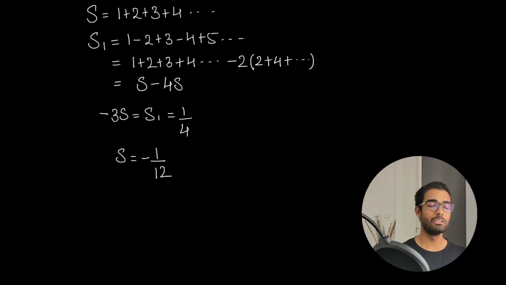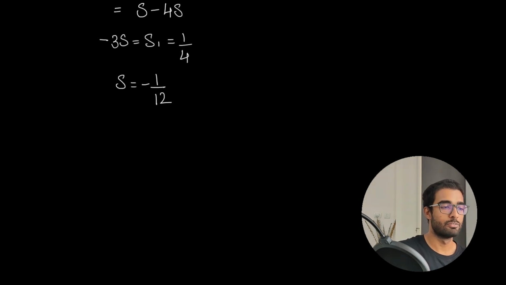Okay, so this is extremely counterintuitive that we are taking a lot of positive integers and we are getting a sum that's negative. First of all, it's negative. Second, it's a fraction. So how is this possible? Let's see another way of calculating 1 plus 2 plus 3.